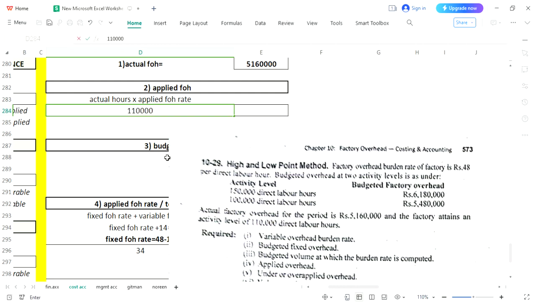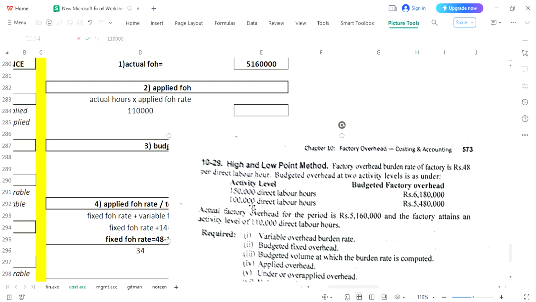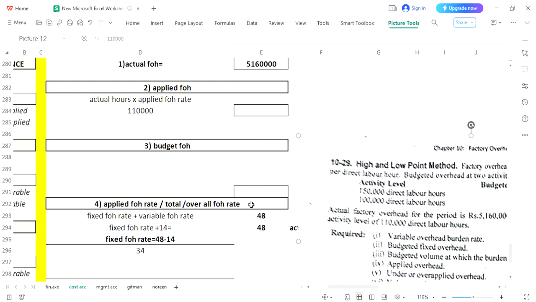And you need to multiply it with the FH applied rate, which is also given in the question. 48 per direct labor factory overhead rate was given, and we have mentioned here as well. You can see 48 was already given in the book.